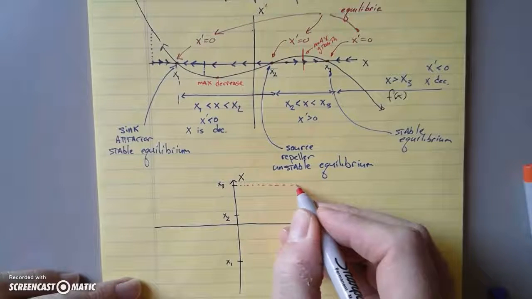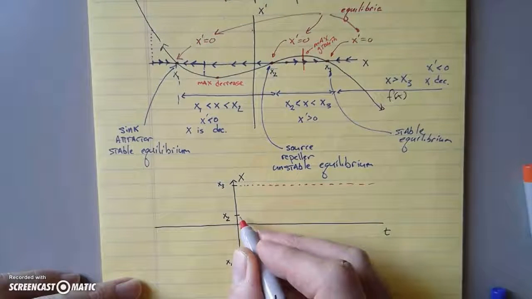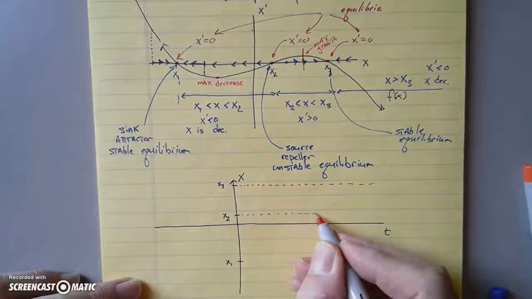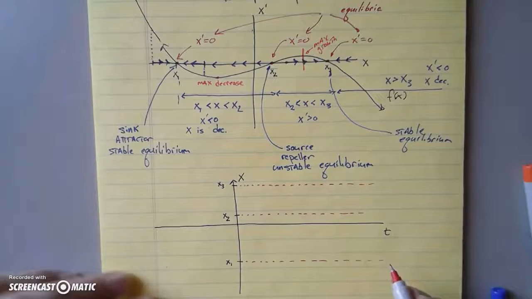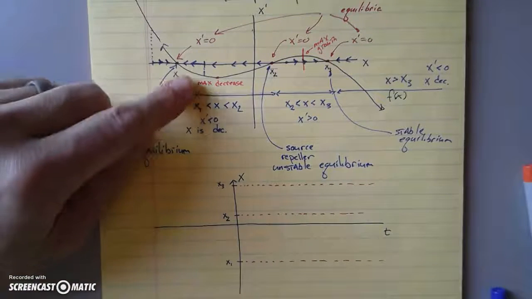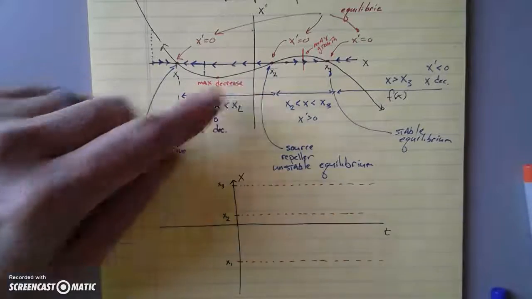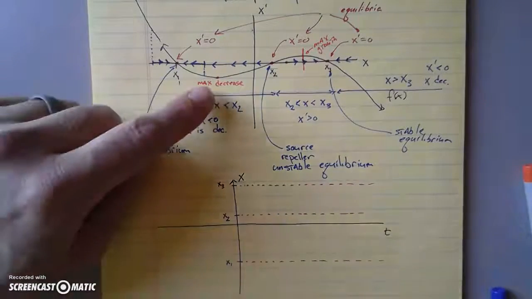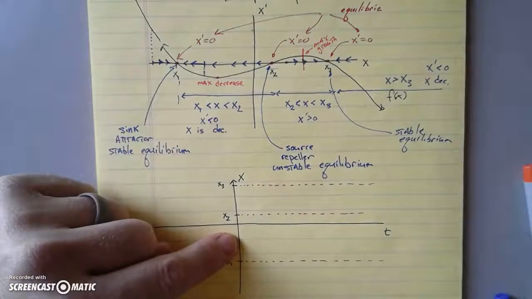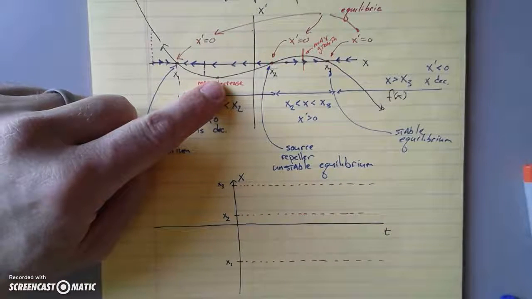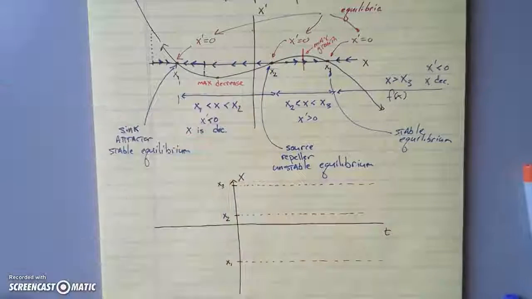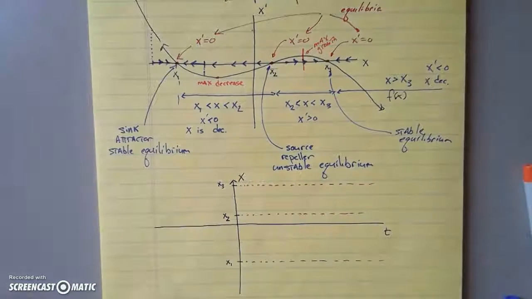They're constant solutions. If the system has that value, it doesn't do anything. Now, if we're between x1 and x2, the system moves towards x1. But does so in a very particular fashion. It has a steepest part about halfway through.